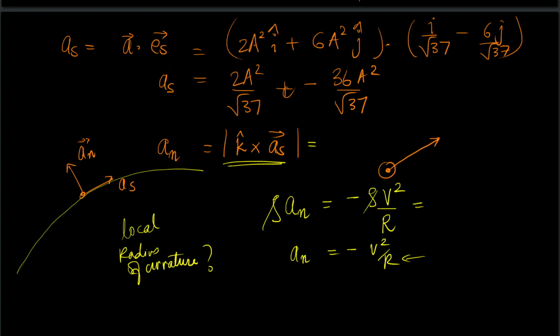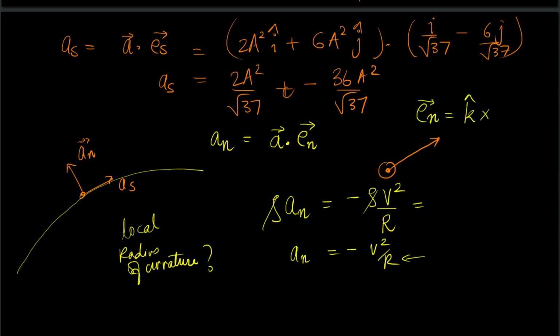Actually, the acceleration vector in the normal direction would be the acceleration vector dot the normal vector in the n direction, and the normal unit vector in the n direction can be found as a cross product of k cross es rather than the other way around.